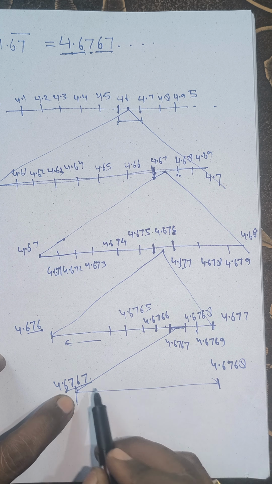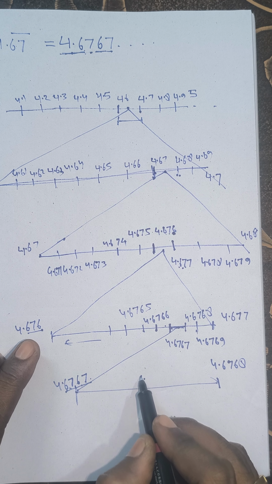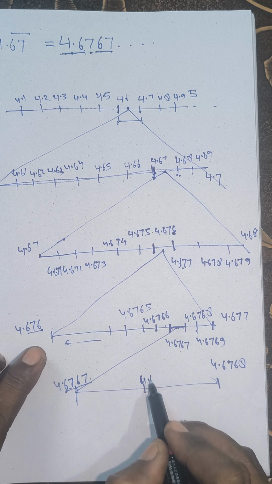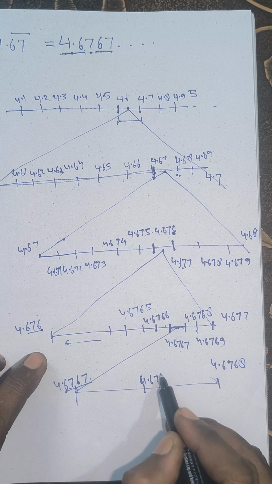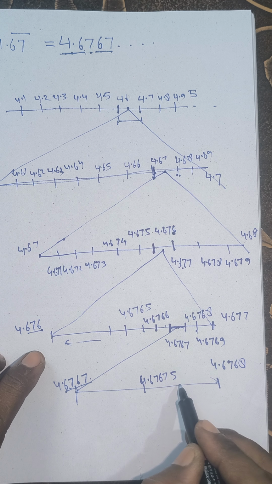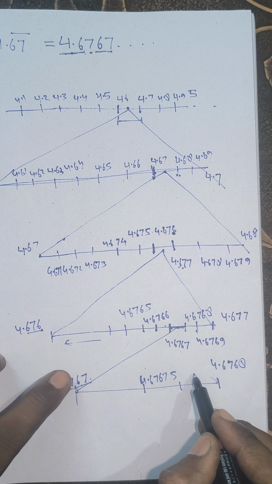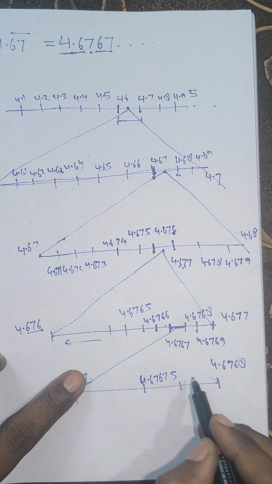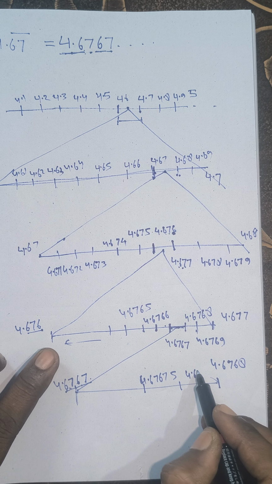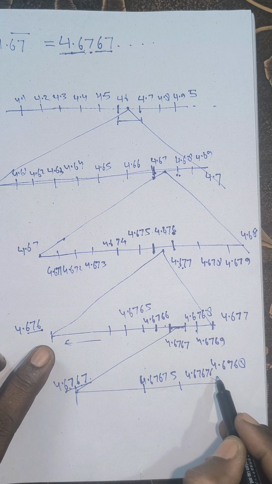So we have the next numbers. This will be 4.6767, so next is 4.67675, and then the next is 4.67676.